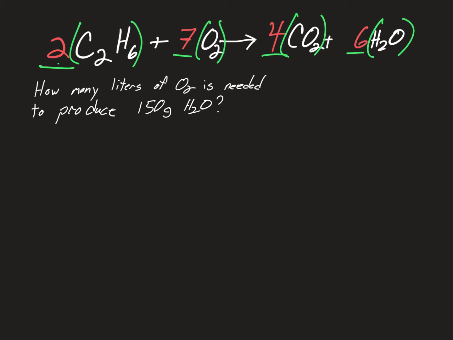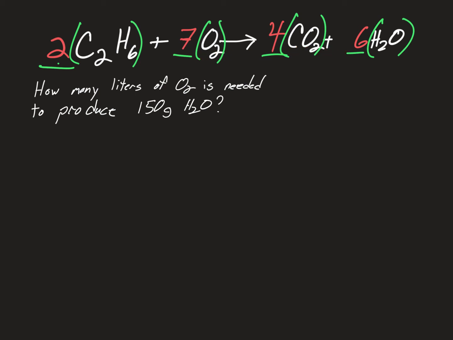Now, you might have noticed that oxygen and carbon dioxide are gases. And with gases, you're not going to want to measure them in grams because you wouldn't do that in a lab setting. You would measure them in liters. And so we're going to need one other conversion.